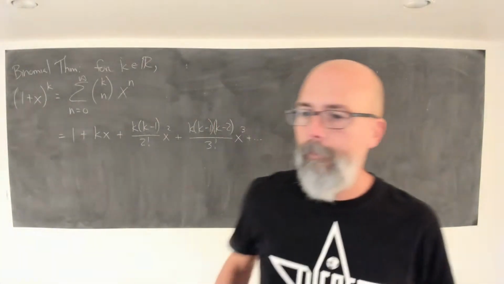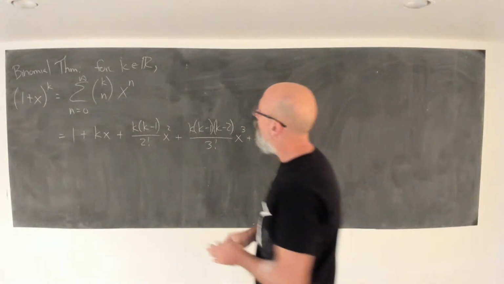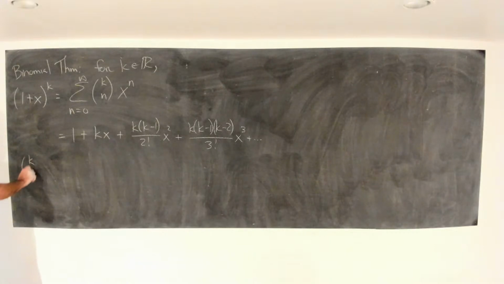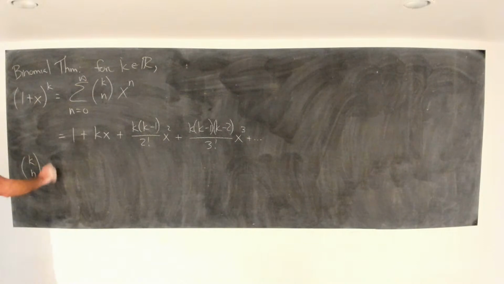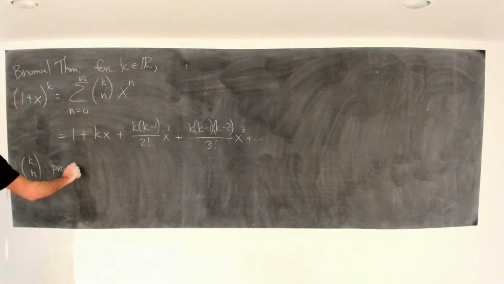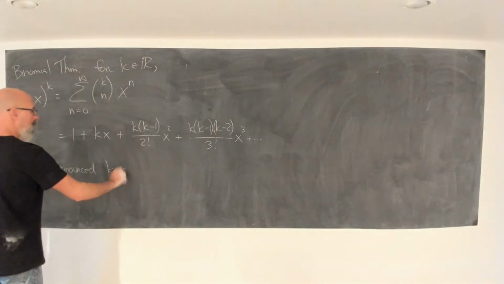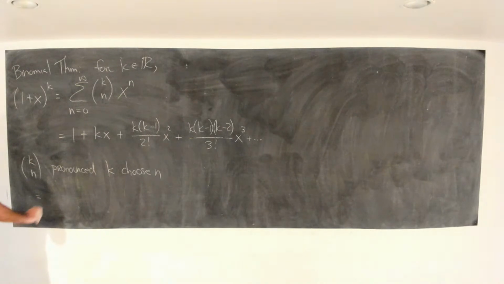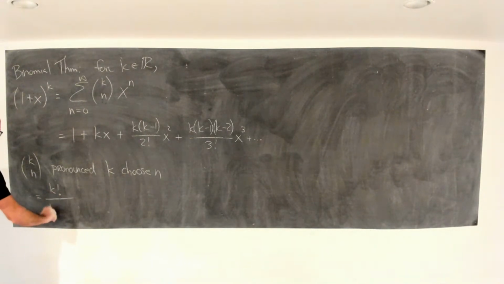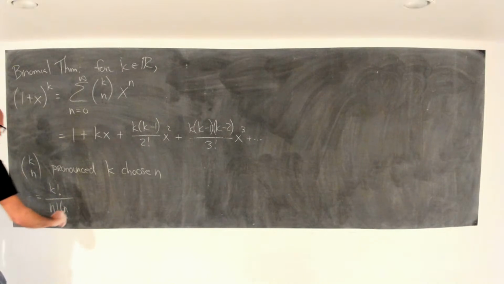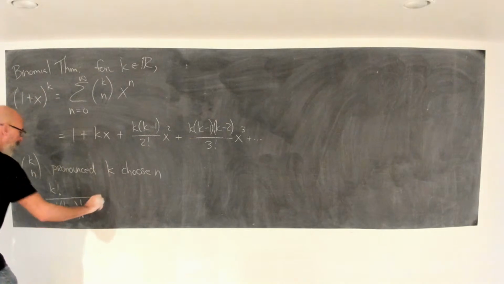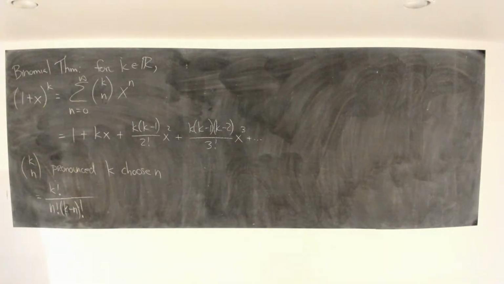So this symbol here, pronounced, if you will, K choose n, is really K factorial over n factorial times K minus n factorial, right?